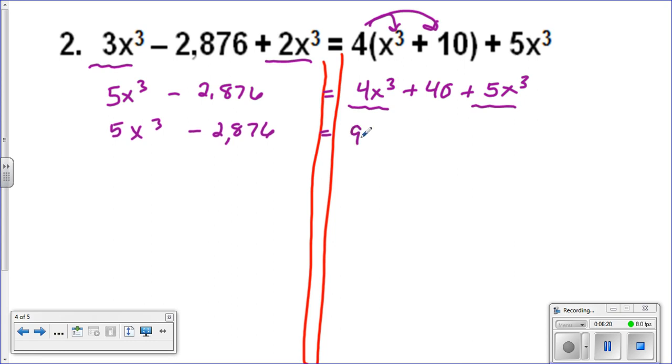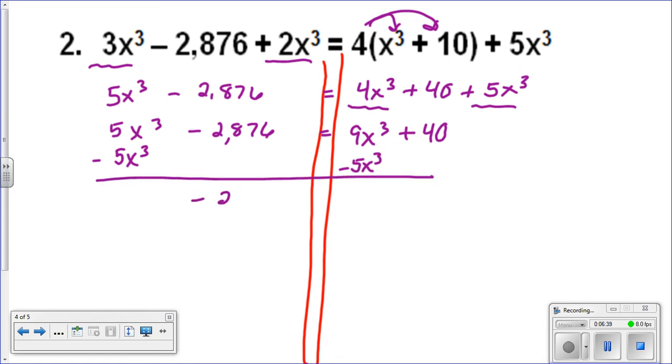So it's going to give me 9x to the third plus 40. Okay, so if you have x's on both sides, we can't have that. So let's minus the 5x to the third power. So it's going to give me negative 2,876 equals 4x to the third plus 40.